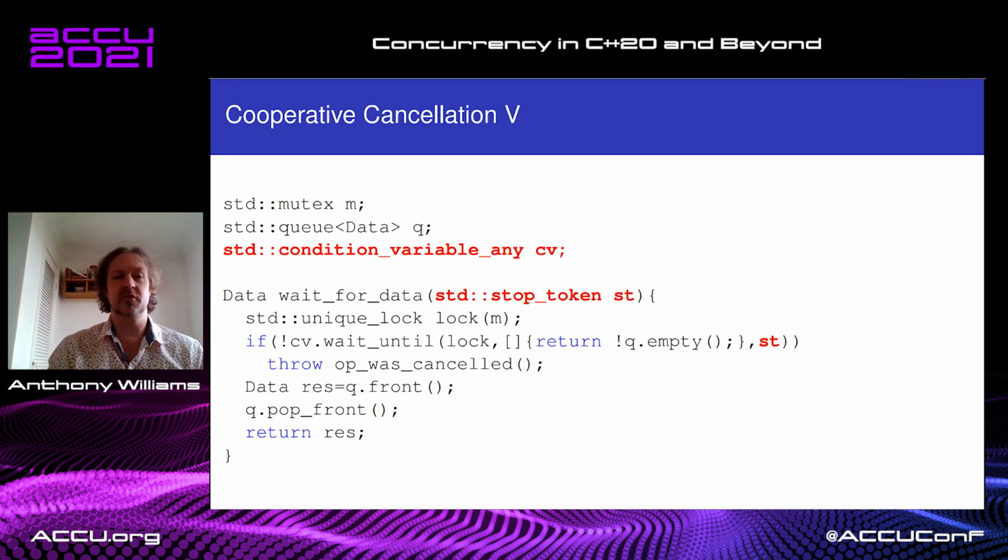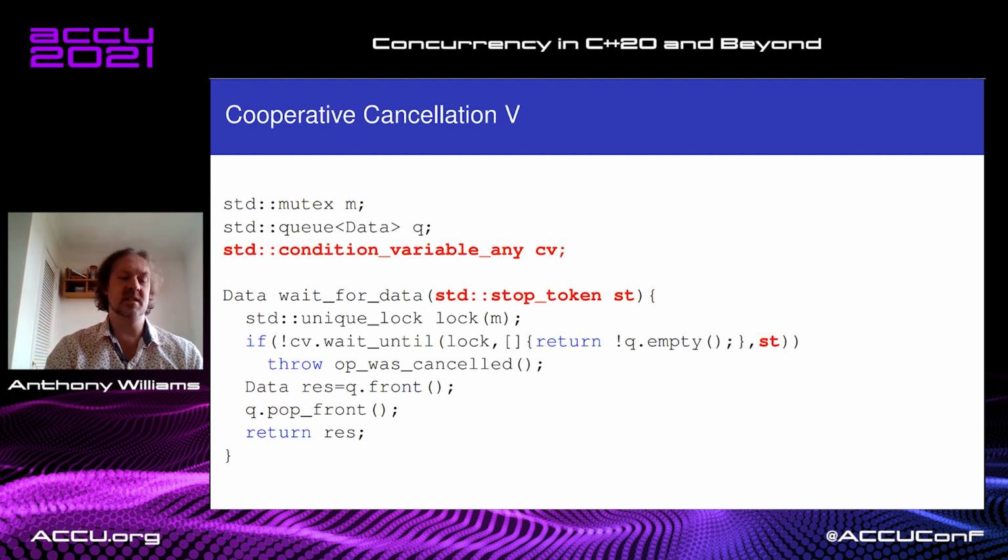So it's quite straightforward. You have your condition variable any, you have your stop token, you call something like wait until, you pass in the predicate you're waiting for. In this case, I'm waiting for my queue not to be empty. And then I also pass in my stop token.